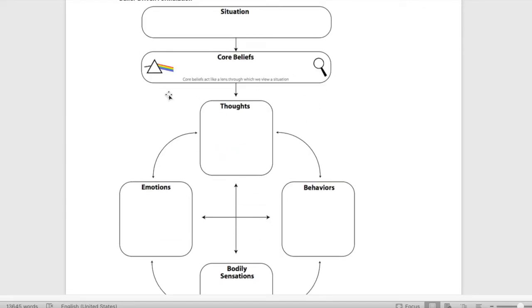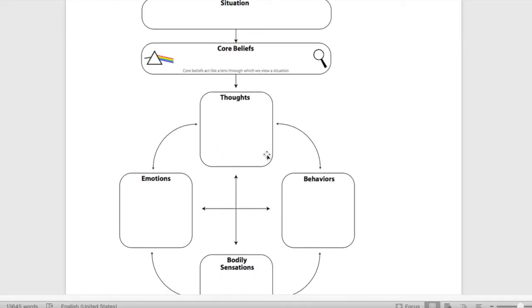After identifying that, we want to challenge the thoughts. Maybe there's a more realistic thought going on here: I work hard on my study material, and because of that, I will do the best that I can.